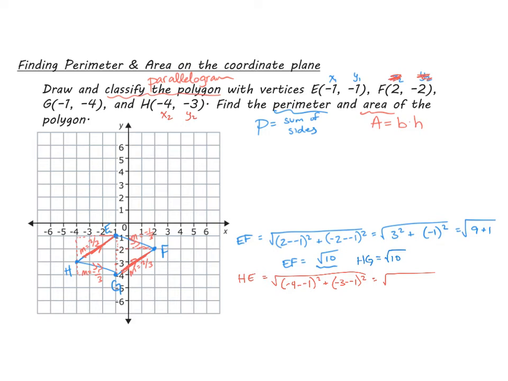Simplified in there, and I got -4 minus -1, so -4 plus 1, which is -3. And then I've got negative 3 minus negative 1. So that's like saying negative 3 plus 1. Which is what? Negative 2?